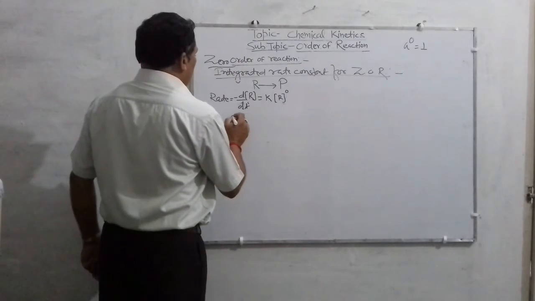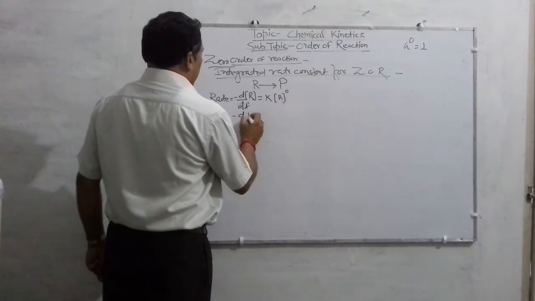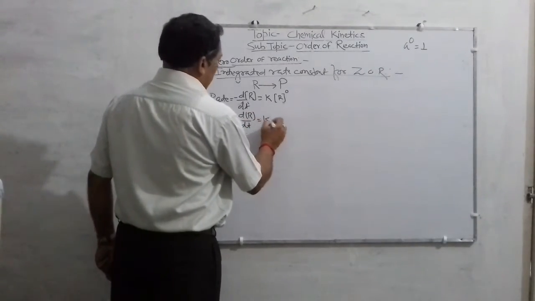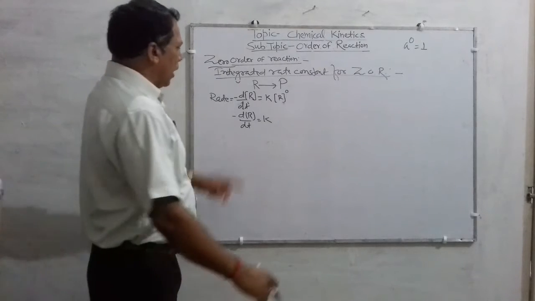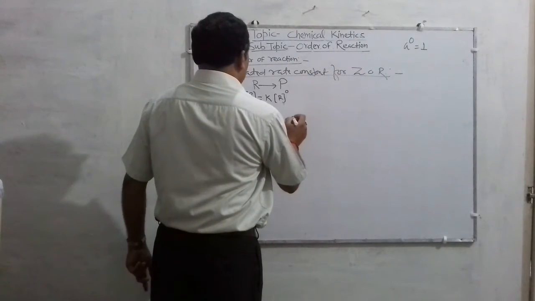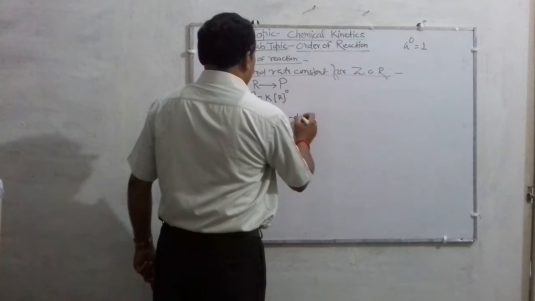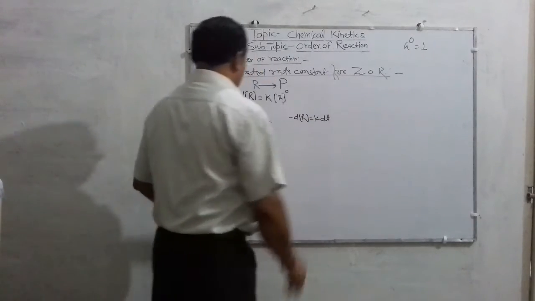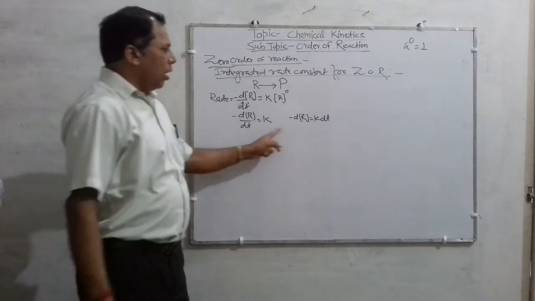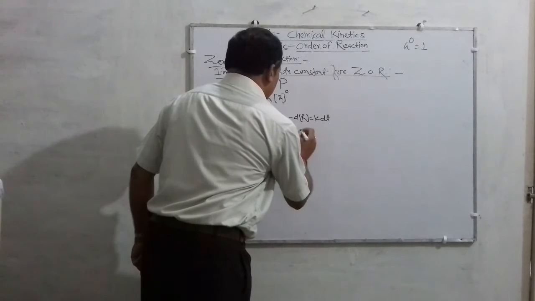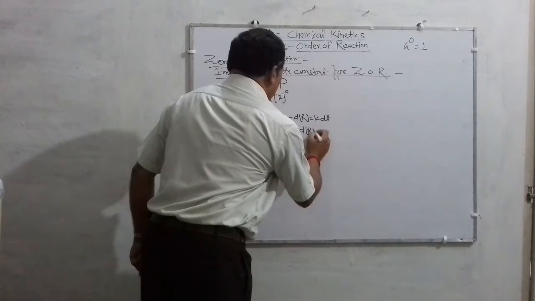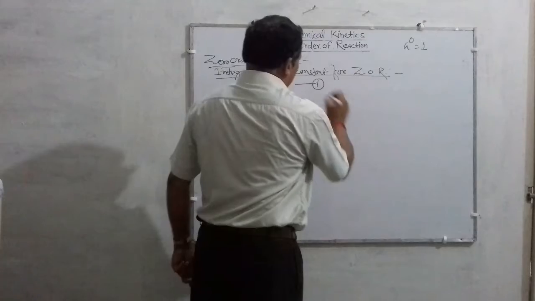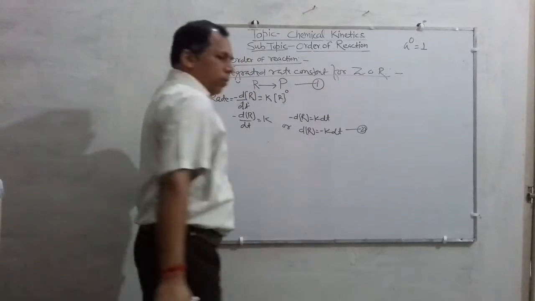So on solving, it will come minus d by dt is equal to k. And now this can simply be written as minus dR is equal to k dt. Transposing, this may also be written as d of concentration of R is minus k dt. Suppose this is equation 1, suppose this is equation 2.